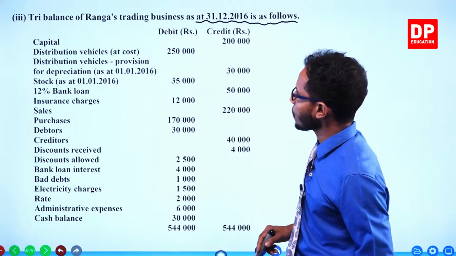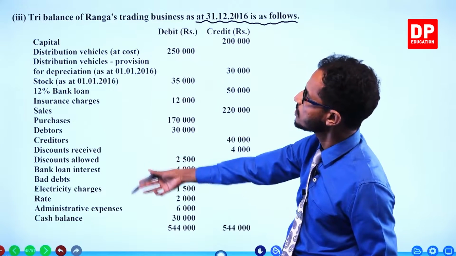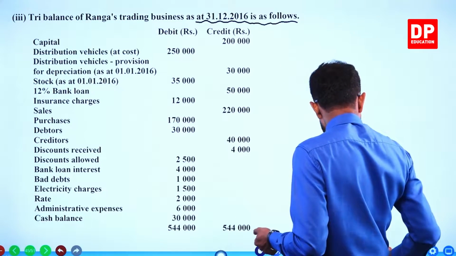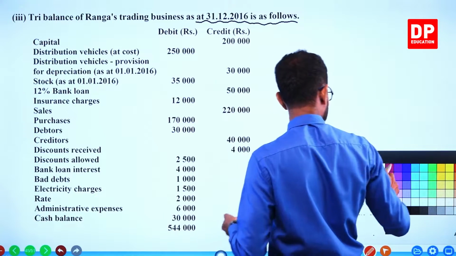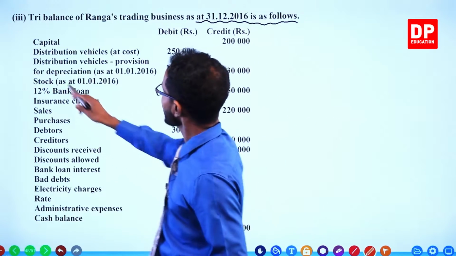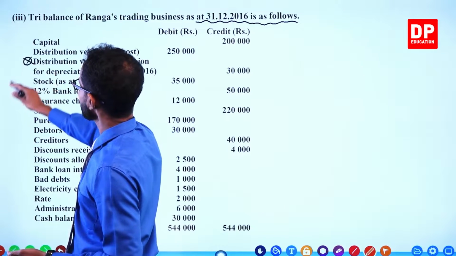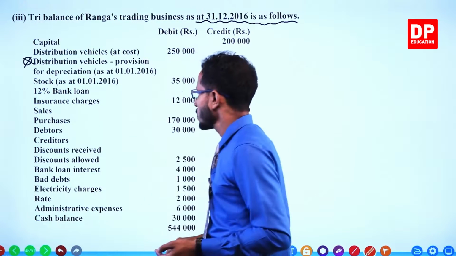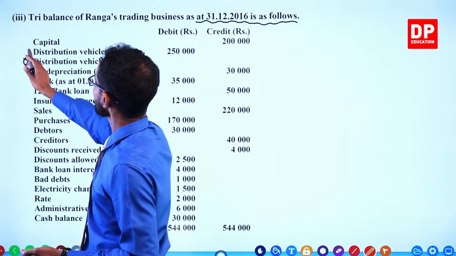Okay, right, we have all these items. Notice these items. A provision for depreciation is given with the distribution vehicle cost.